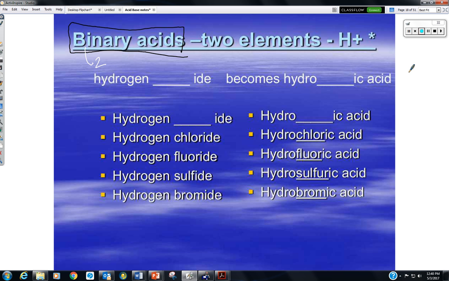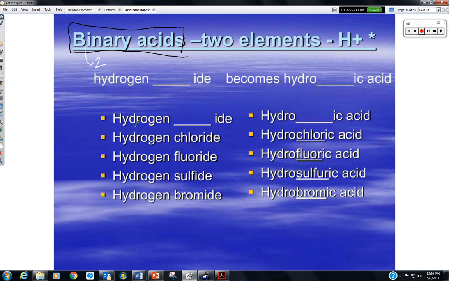It's going to be a hydrogen plus another element. So hydrogen sulfide, hydrogen bromide, hydrogen fluoride, anything like that, and even hydrogen and oxygen, which forms water.